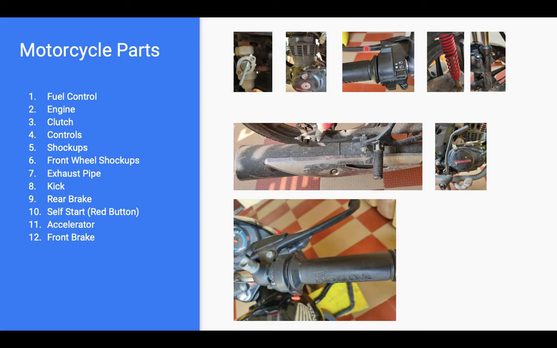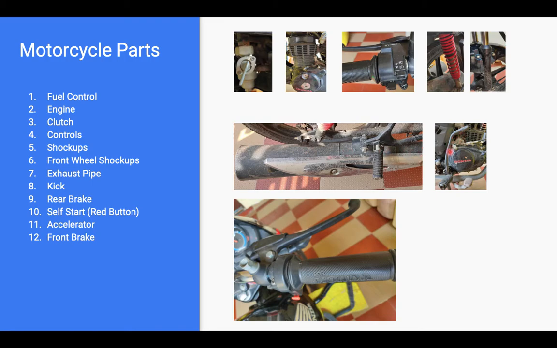This is the clutch. The purpose of the clutch is to disengage the gear from the engine, and these are the suspensions. These are the rear suspension, and these are the front suspension. Then this is the exhaust pipe. The residue coming from the engine is removed through it.